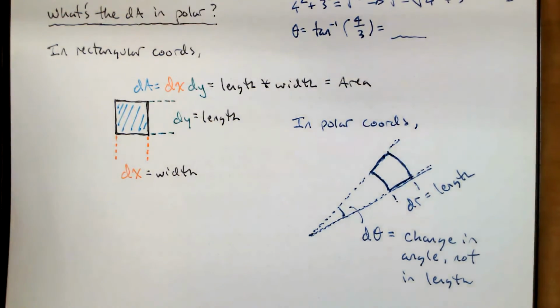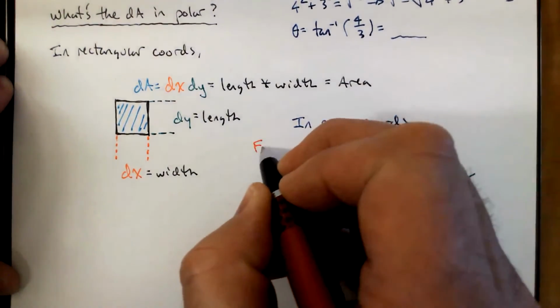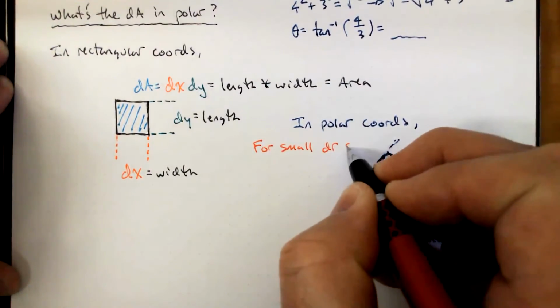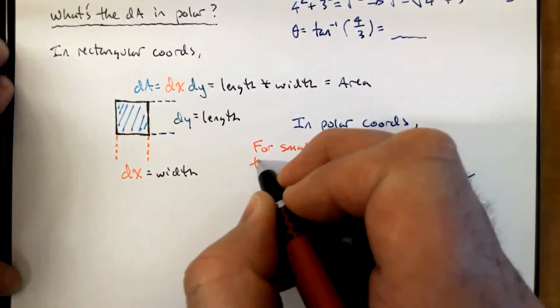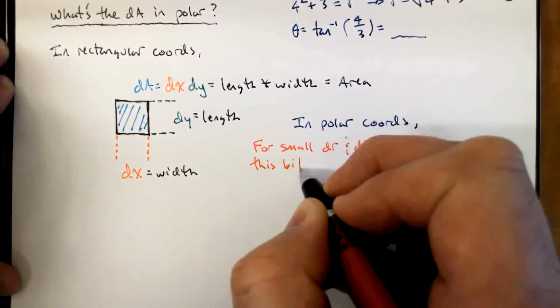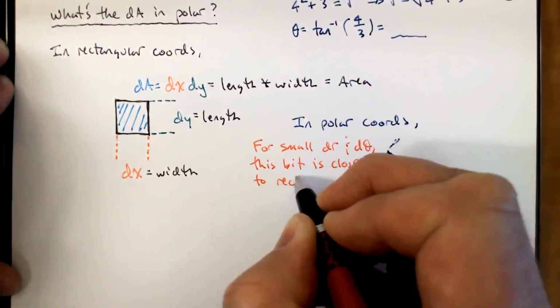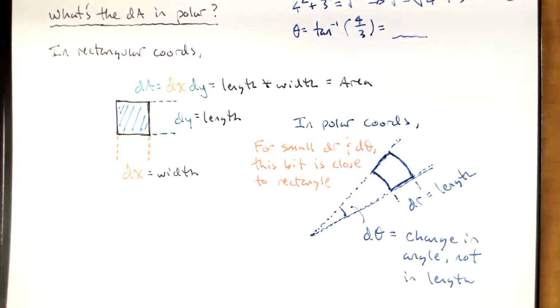So for small dr and d theta, that little bit is close to being a rectangle.